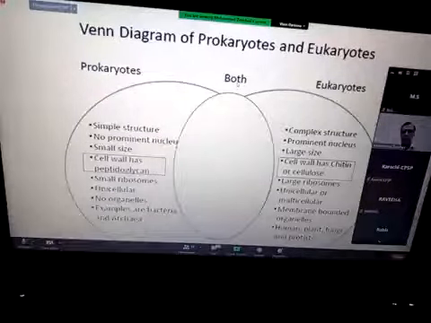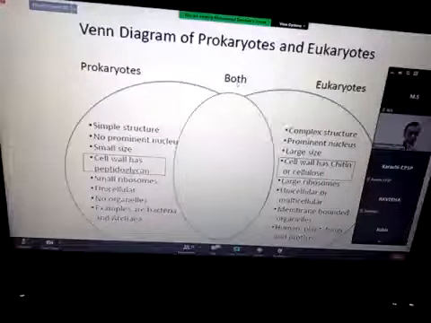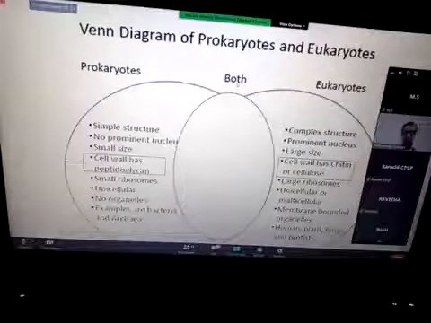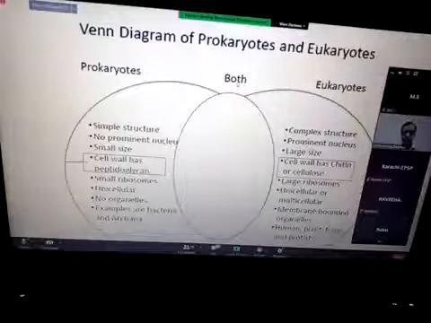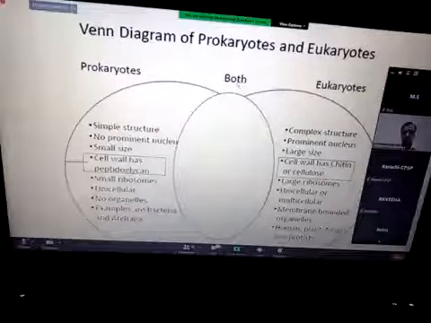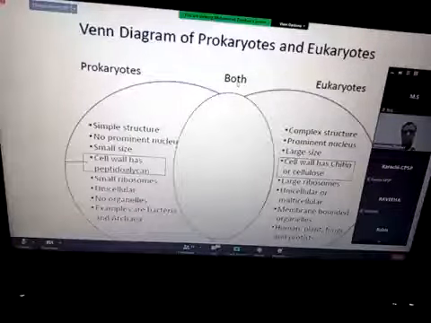Peptidoglycan is an important structure in prokaryotes. We use this structure for diagnostic purposes as well. We will see that this peptidoglycan layer is used to classify bacteria, and on the basis of peptidoglycan we divide bacteria into gram positive and gram negative.